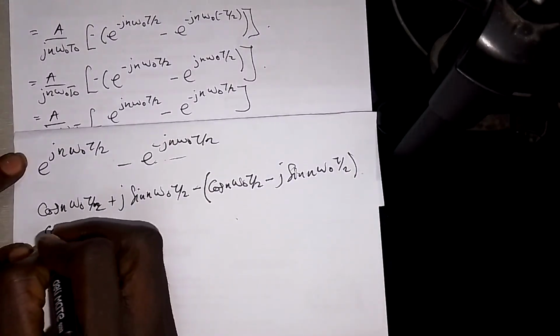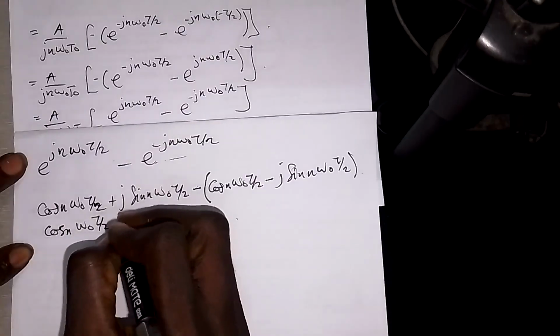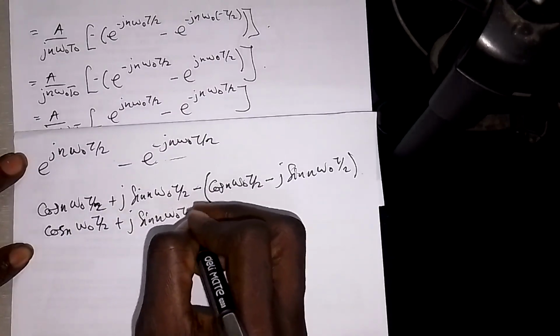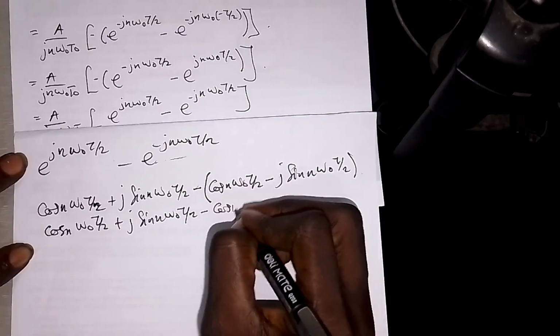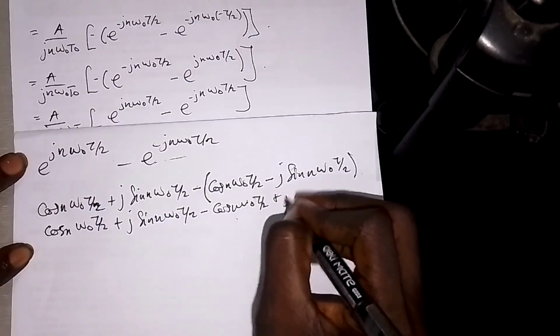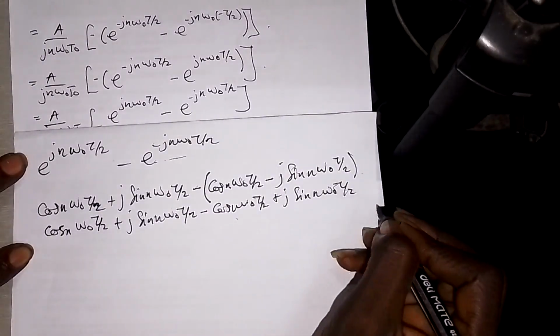So you're going to get cos n omega naught tau on 2 plus j sine n omega naught tau on 2, minus cos n omega naught tau on 2, plus j sine n omega naught tau on 2.